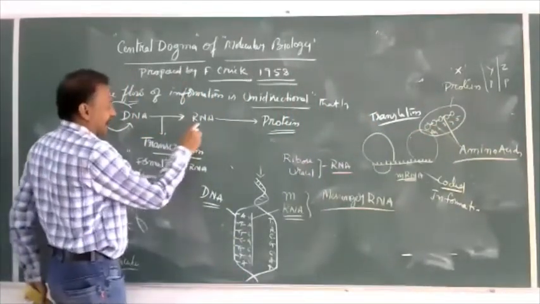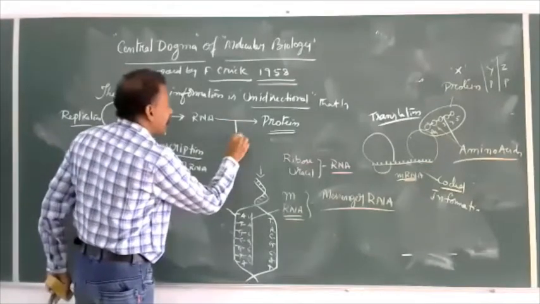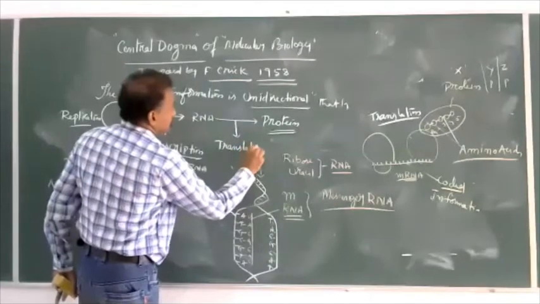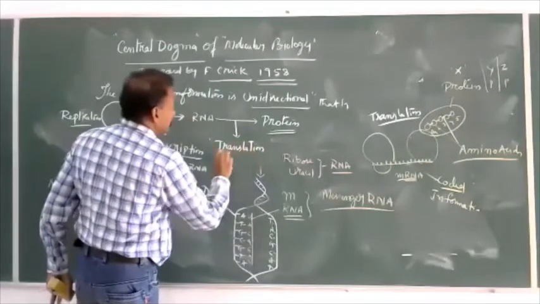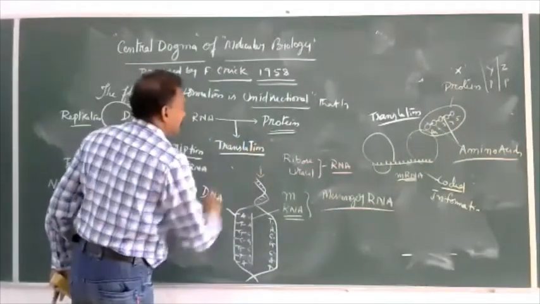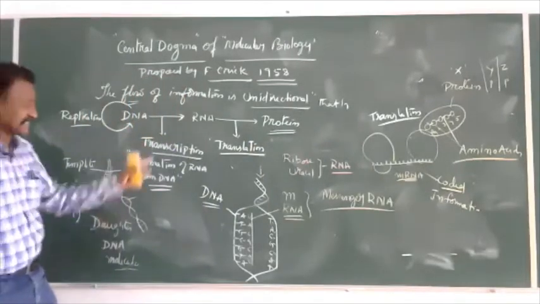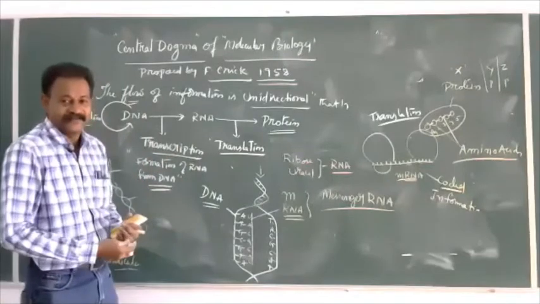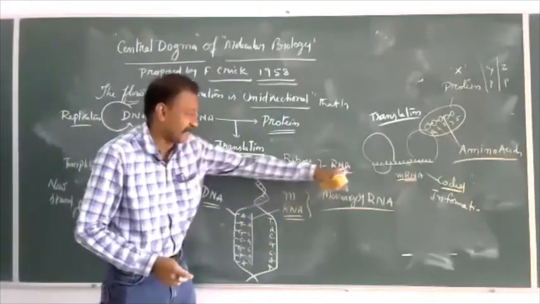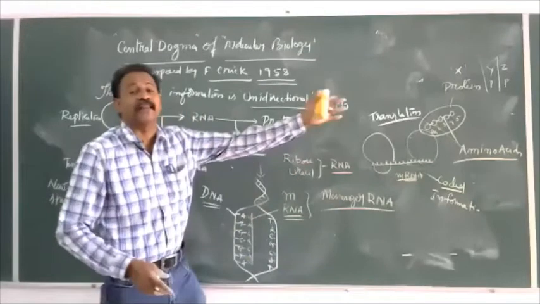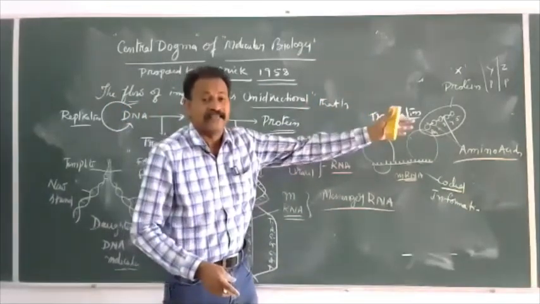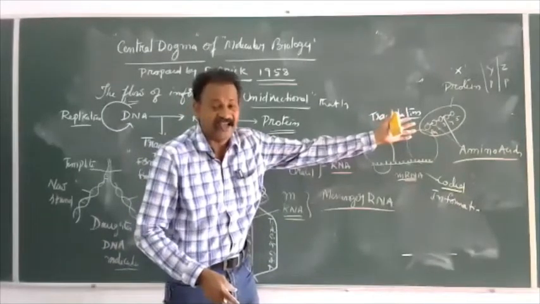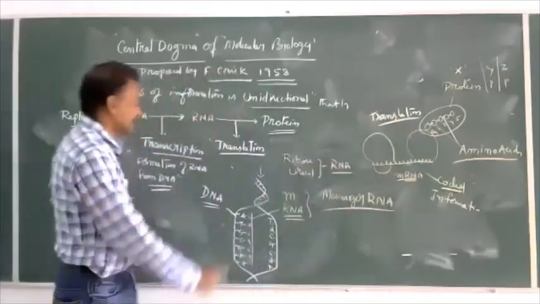So RNA produces protein by a process called translation. What is translation? Translation means conversion. The code is decoded. The coded information of mRNA is decoded into a normal, understandable, easily studied language of amino acids and proteins.